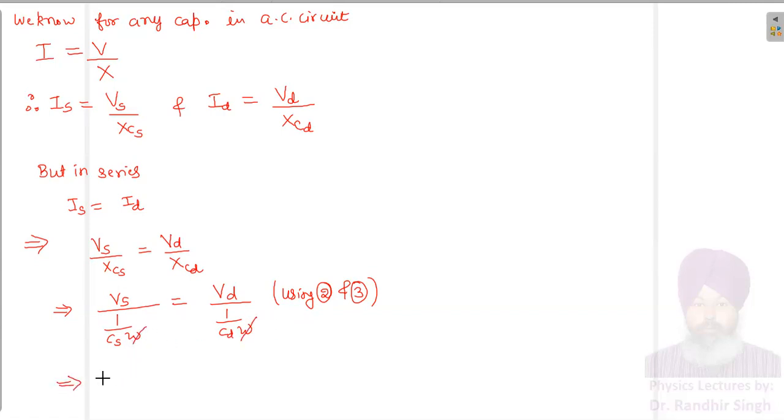So I will get Cs Vs is equal to Cd Vd. So this is equation number 4. Let me draw a line here.